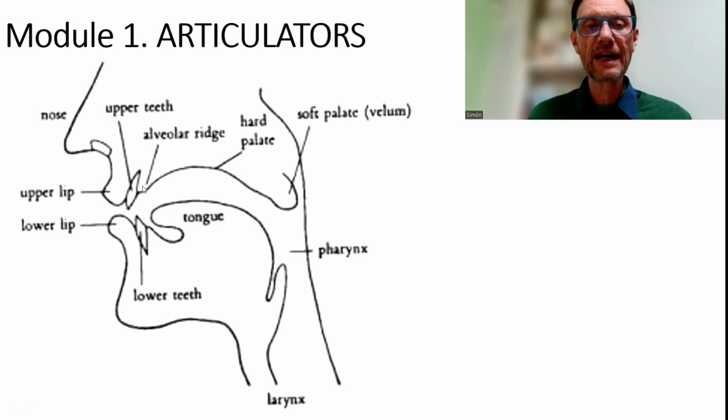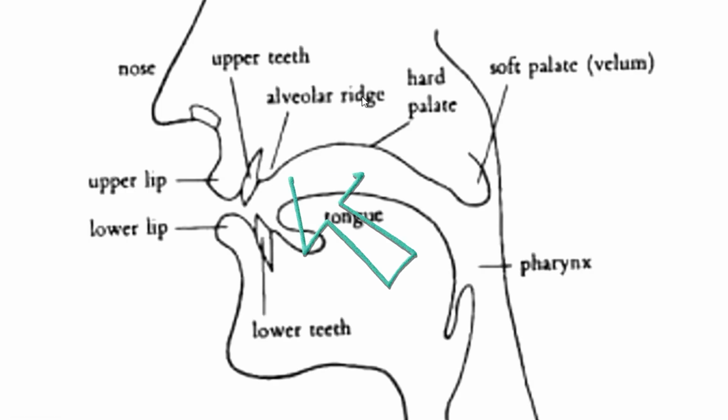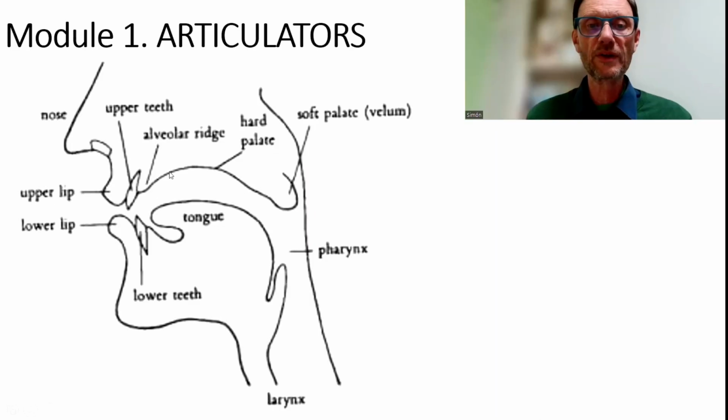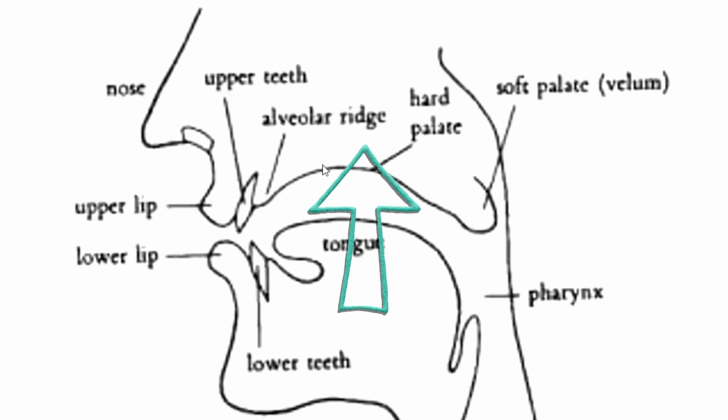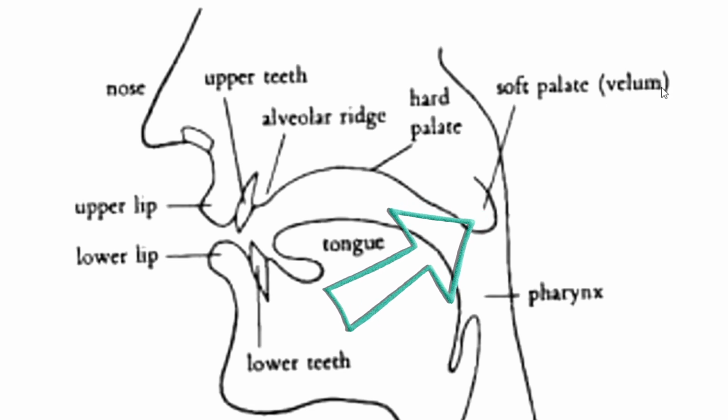We go up again, and behind the upper teeth, there's a very small bone called the alveolar ridge, which I will use in quite a few sounds when the tongue touches the alveolar ridge for certain sounds. Then at the roof of the mouth, we have the hard palate, which is the bone. And at the back, we have the soft palate, also known as the velum, to make velar sounds.